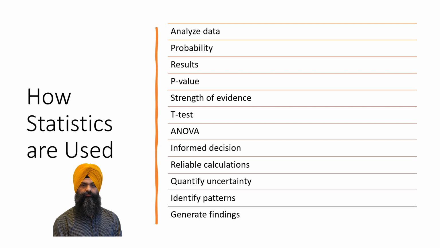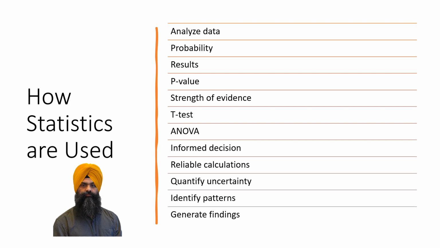Researchers use statistical tools and techniques to assess the probability of observed results occurring by chance. By calculating p-values and comparing them to a predetermined significance level, statisticians determine the strength of evidence against the null hypothesis. The choice of appropriate statistical tests, such as t-test or ANOVA, analysis of variance, depends on the nature of the data and research question.